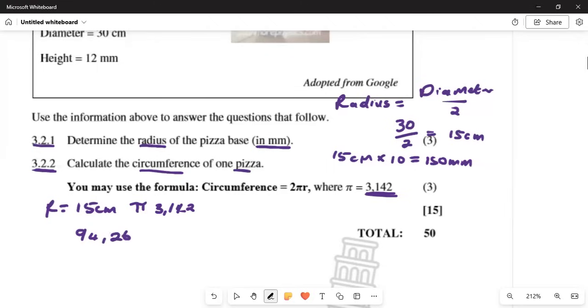That is in centimeter times 10. So that is equivalent to 94.26 in meters. All right.